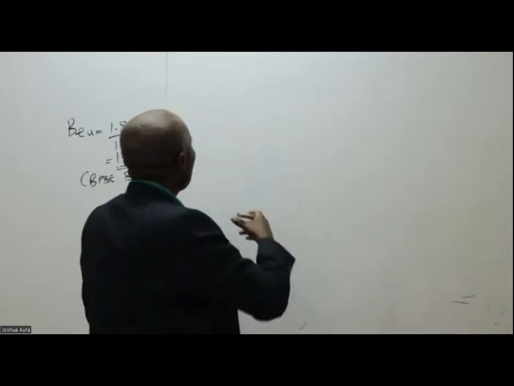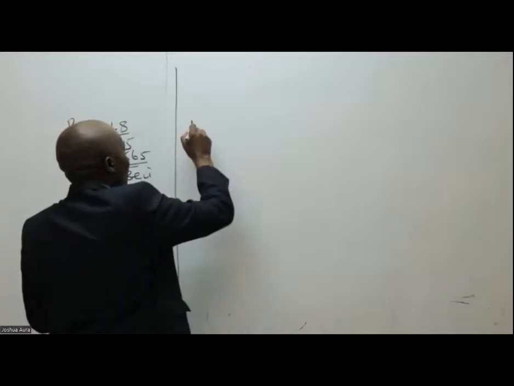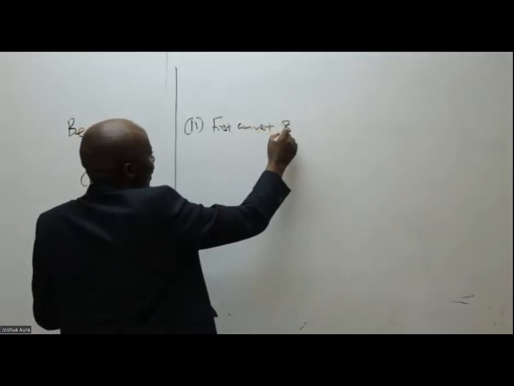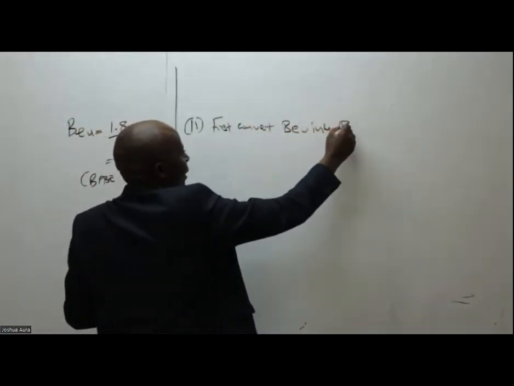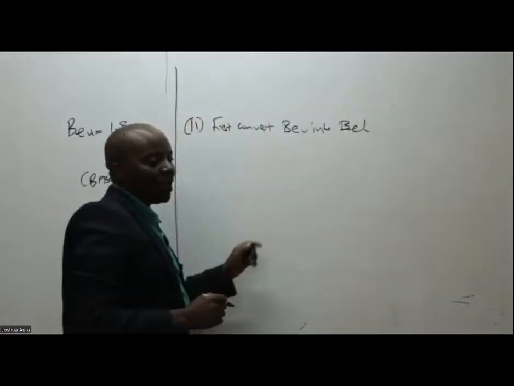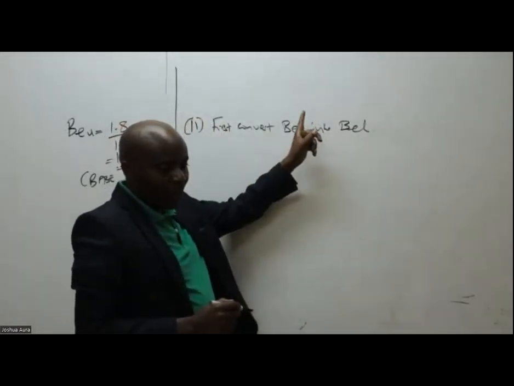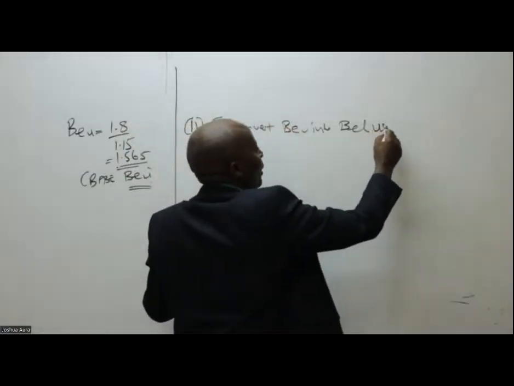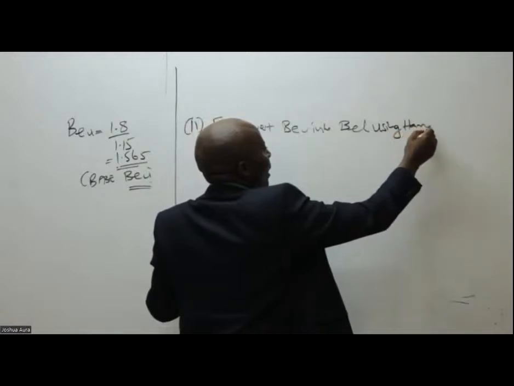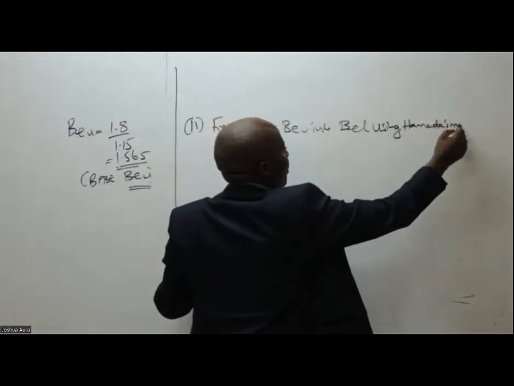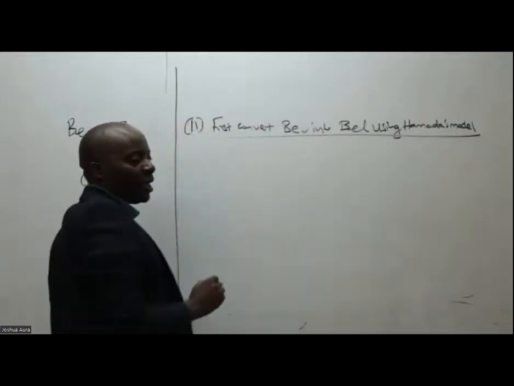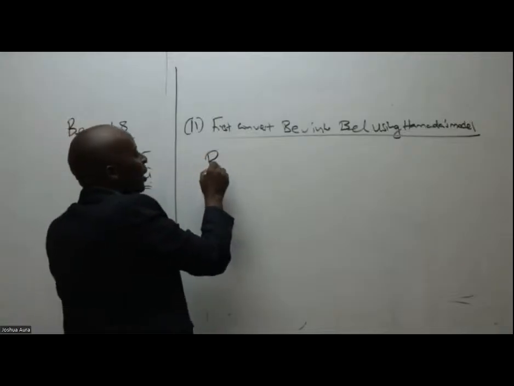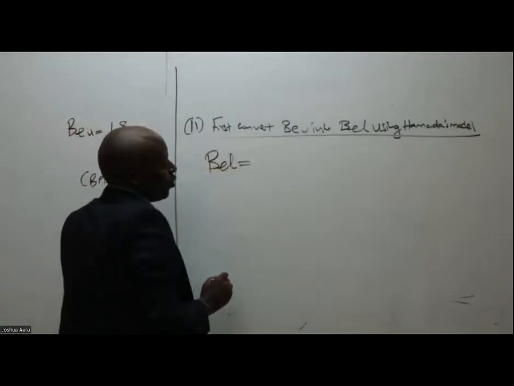So the first thing we need to do here, Roman 2, is convert BEU into BEL, the beta equity of a levered organization, using Hamada's model.